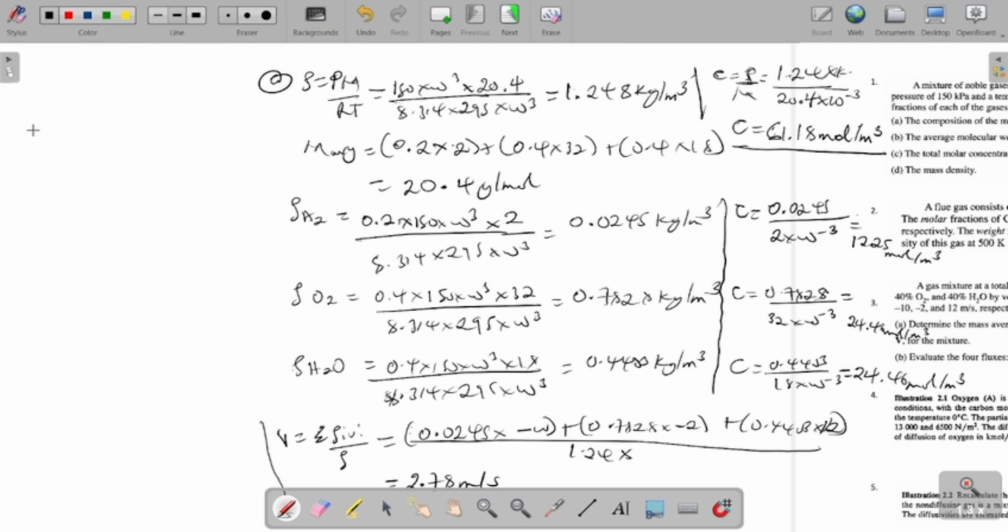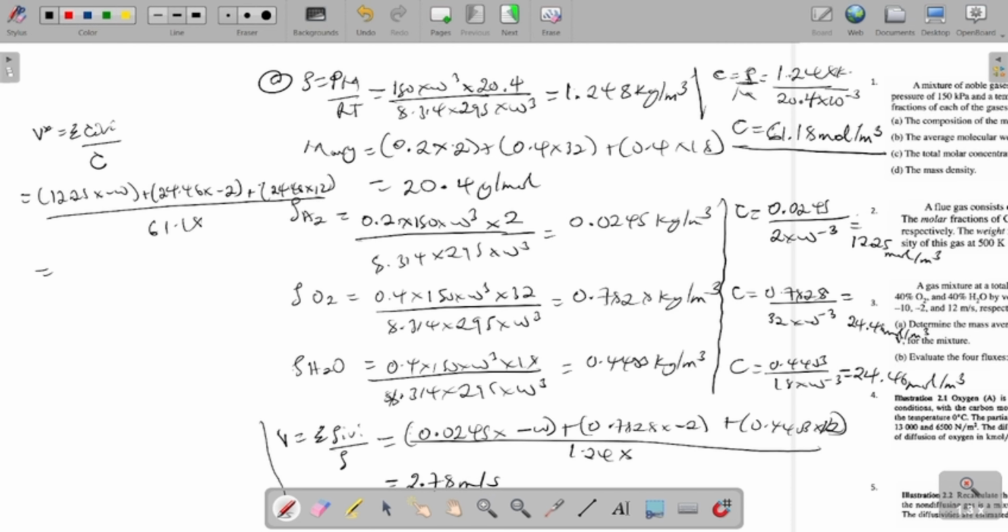So that one I'll be having the V star will be equal to summation of CiVi over the total C, right? So I'll be having 12.25 times minus 10, plus 24.46 times minus 2, then plus 24.46 times 12, all divided by 61.18.